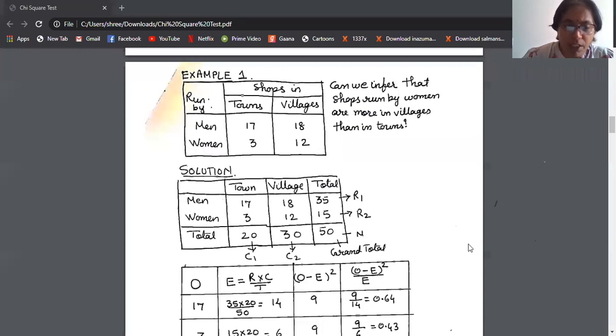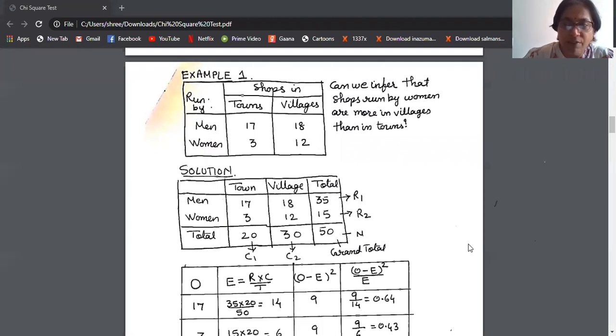So see the row totals: 17 plus 18 is equal to 35, 3 plus 12 is equal to 15. That is, the first row total is R1, the second row total is R2. And now the column totals: 17 plus 3 is equal to 20, 18 plus 12 is equal to 30.